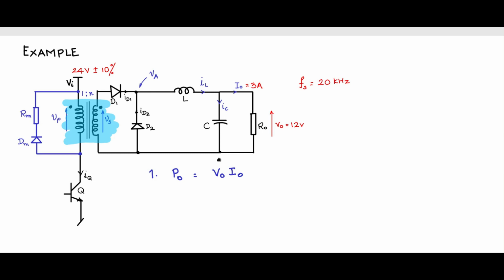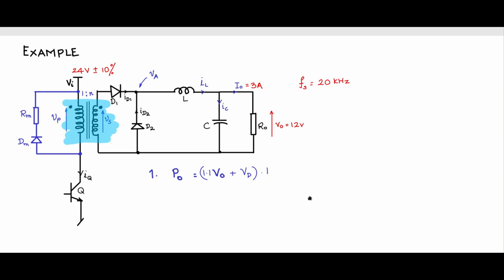So put all that together, you can increase V0 by 10% and add the VD drop. So what we can do is we can say 1.1 V0 plus VD will be the voltage that will be needed here to take care of output V0 of 12 volts.